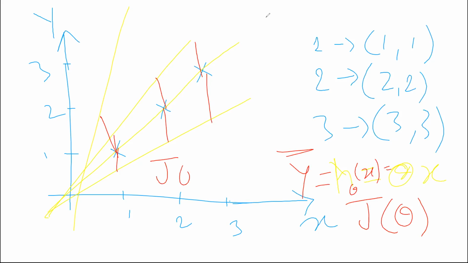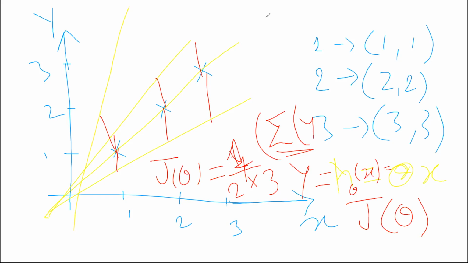My J of theta is 1 upon 2m, where m is 3 here, into the summation of y bar i minus y i, where i goes from 1 to 3. Clear?